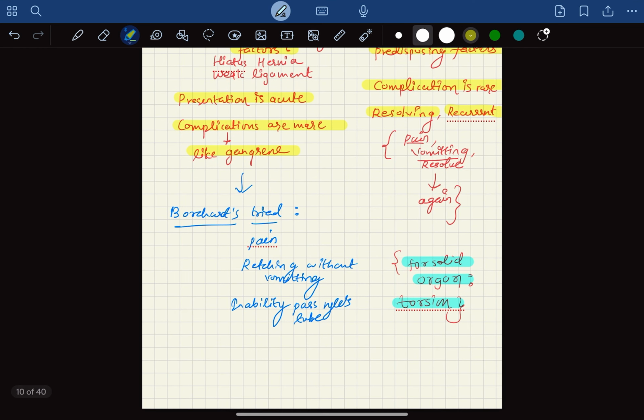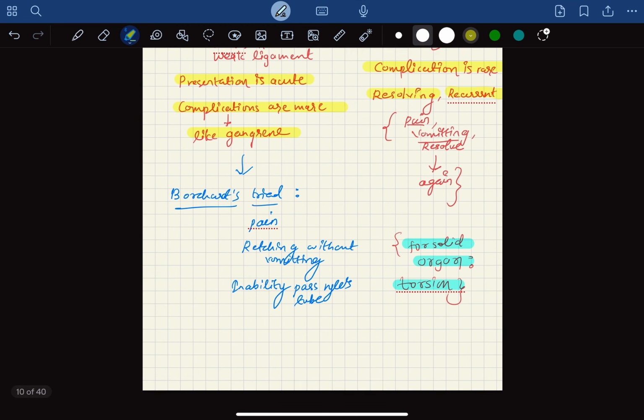Now what is the Borchardt triad that the patient will present with? The patient will present with pain, retching, and inability to pass the Ryle's tube. The symptoms are similar to what we have seen, that retching and pain were there in Boerhaave syndrome, Mackler's triad: pain, retching and vomiting, but there was emphysema because it was an esophageal perforation.